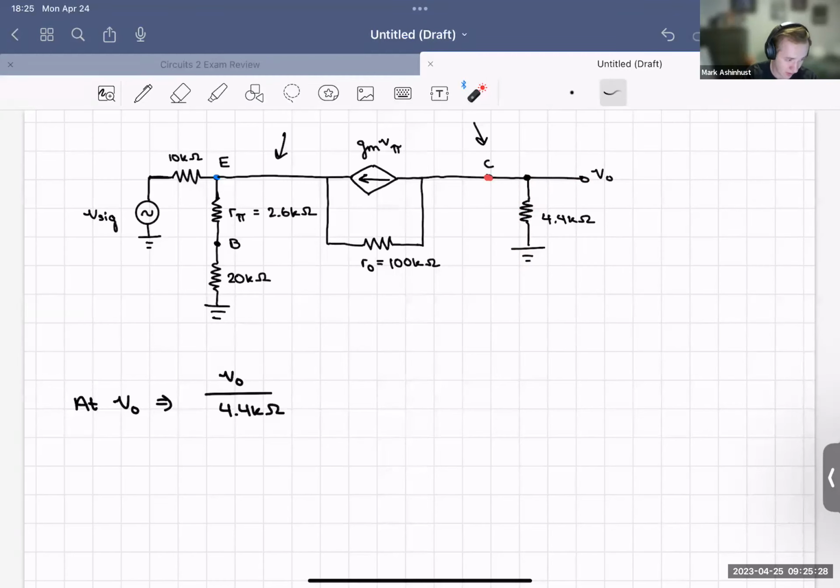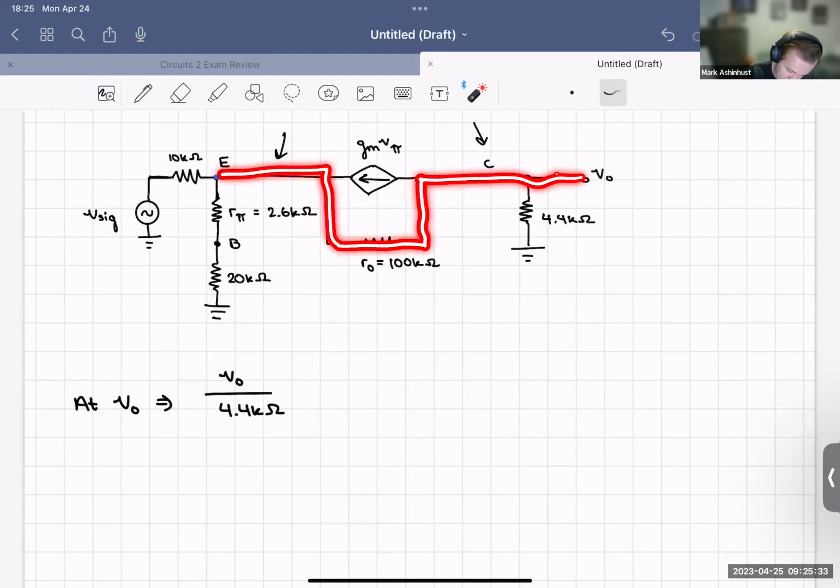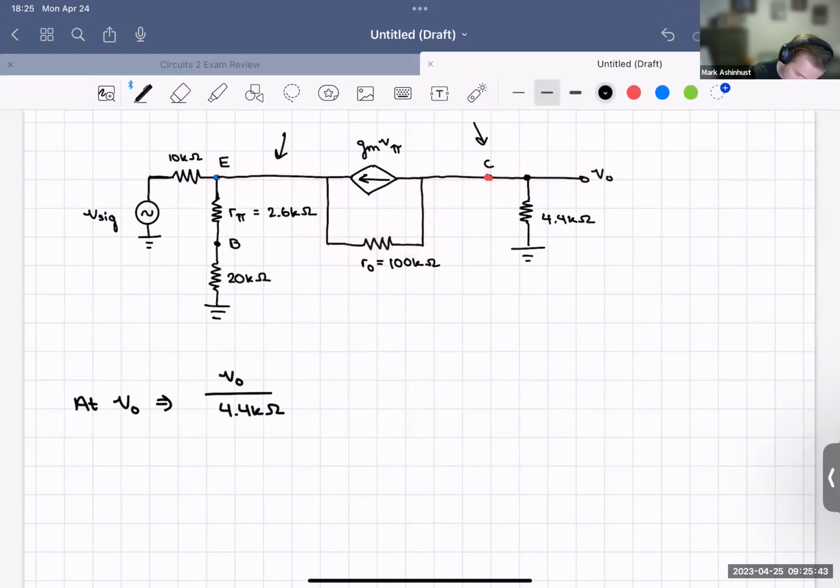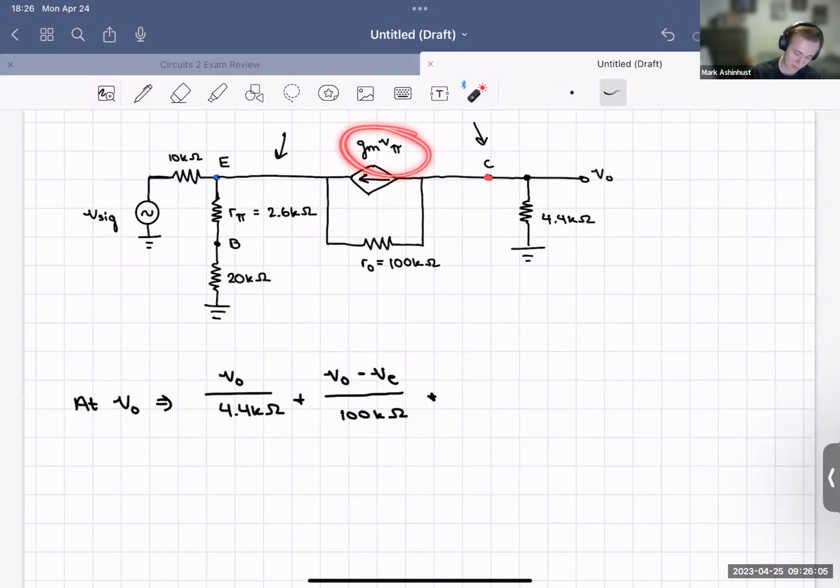Another current is V out coming down here to VE, so V out over the 100K, stopping at VE. From start to finish, that's V out minus V emitter over that 100 kilo ohm. And then we have one last one, which is already there. It's a current source, the conductance gm V pi.